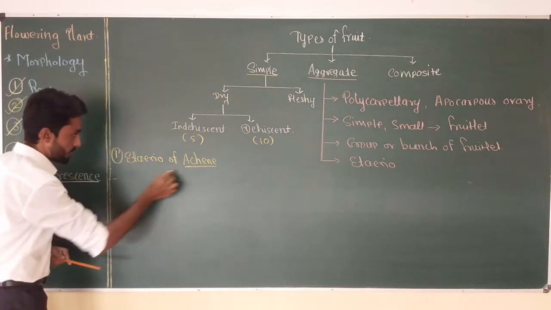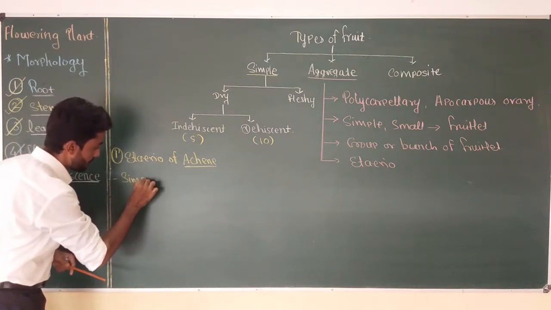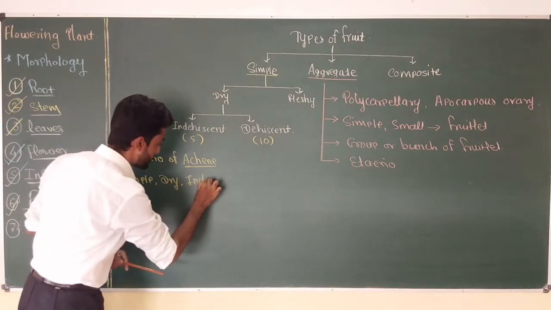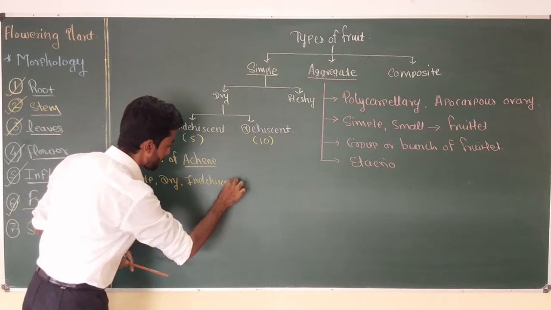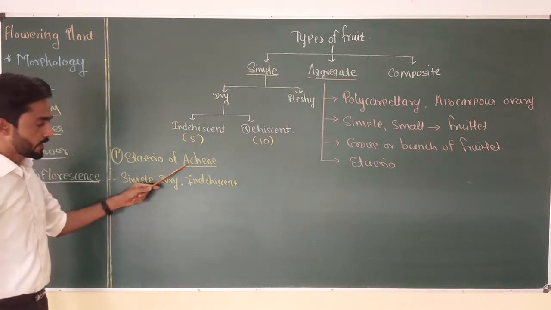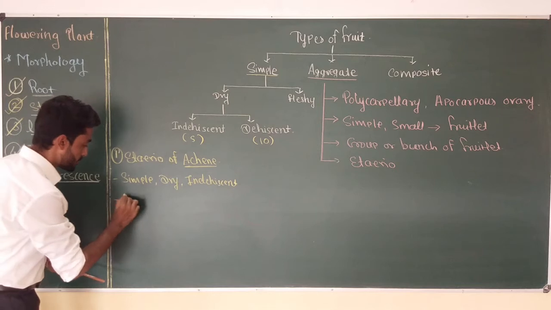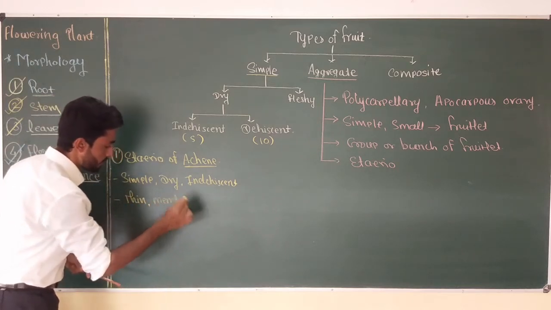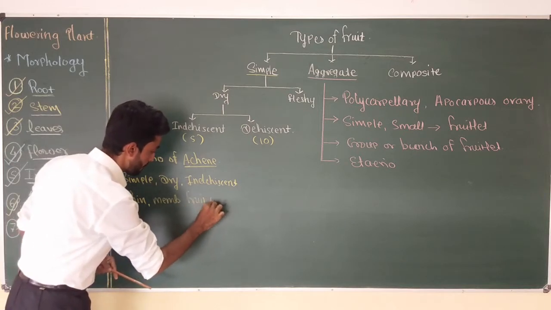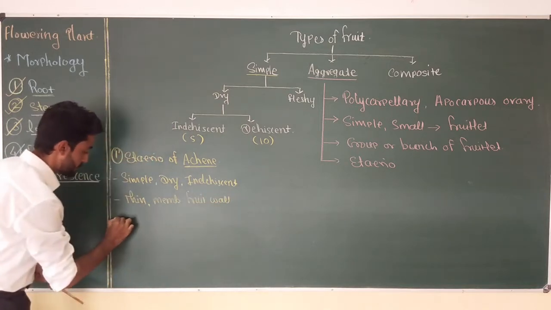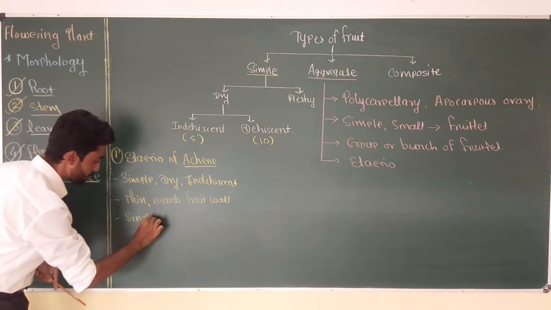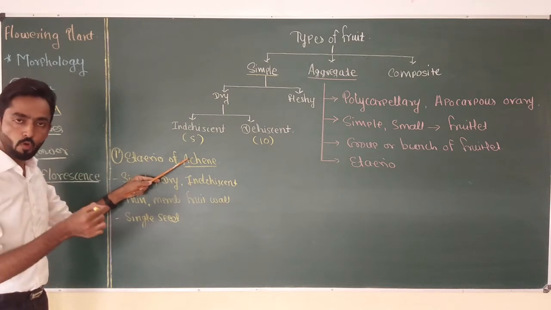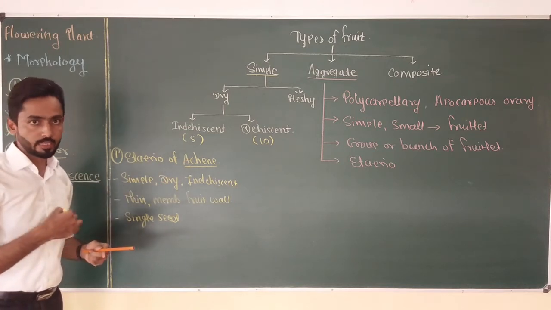Okay, so it is a simple dry indehiscent type of fruit, and we know that generally achene has a thin membranous fruit wall with a single seed, and in this type the fruit wall is loosely connected with the seed coat.